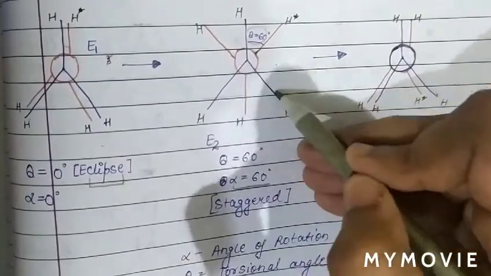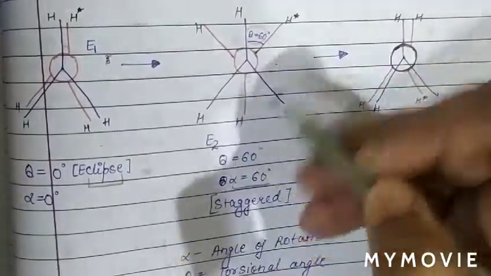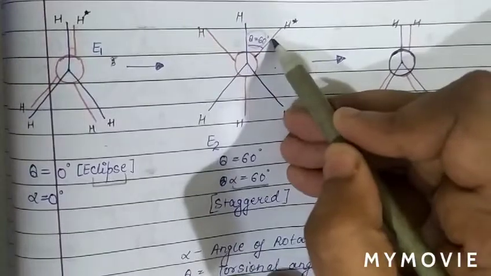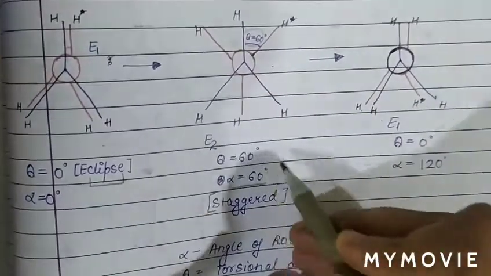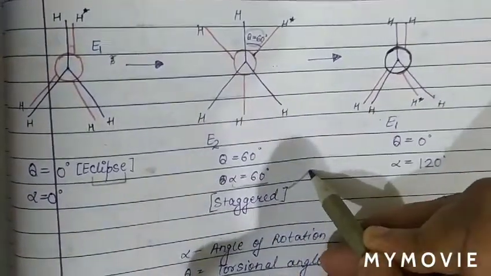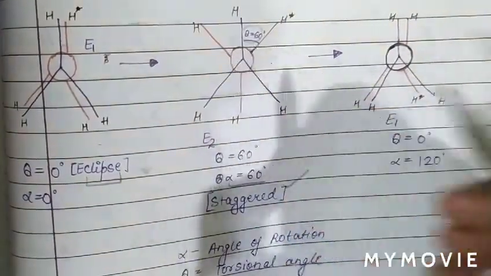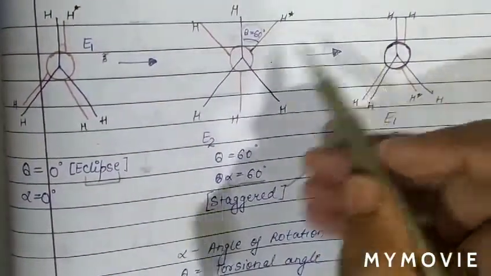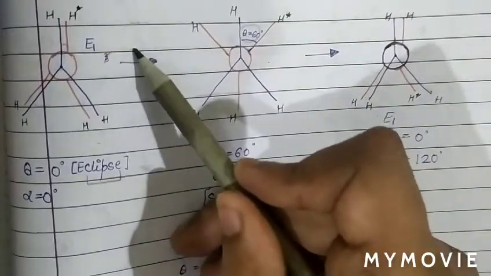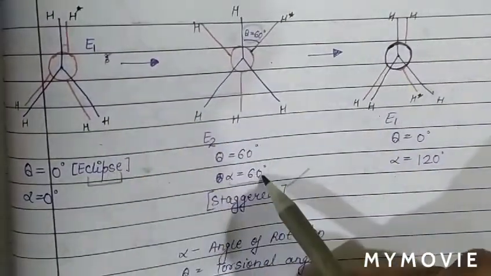So at theta equal to 60 in ethane, we call the position the staggered position. When we rotate again by 60 degrees, after this rotation the eclipse form changes into staggered.